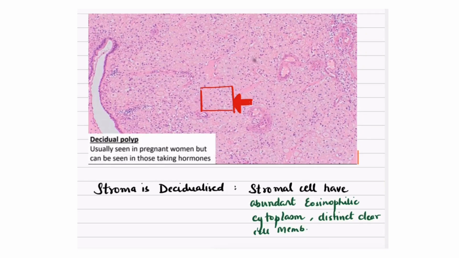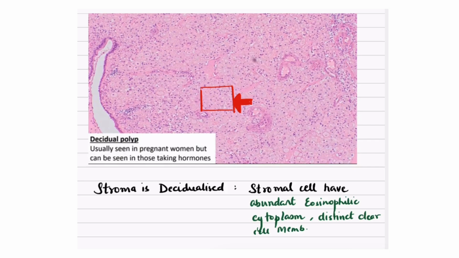So this mass will be given to you. If you see these structures, as you can see, they're like squamous kind of cells with abundant eosinophilic cytoplasm and very clear membrane, like you can see here. So as if you are seeing a pap smear in histopathology, something like that you will feel.